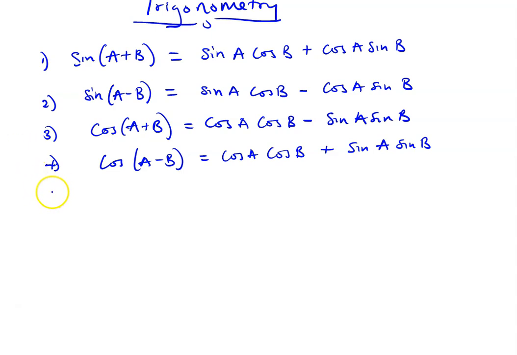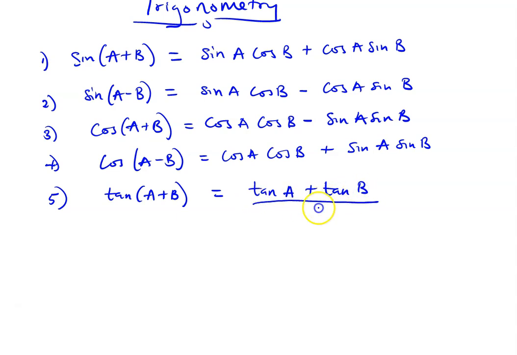Number 5: if I have tan of A plus B, this will simply be tan A plus tan B, all divided by 1 minus tan A tan B. Are you okay?